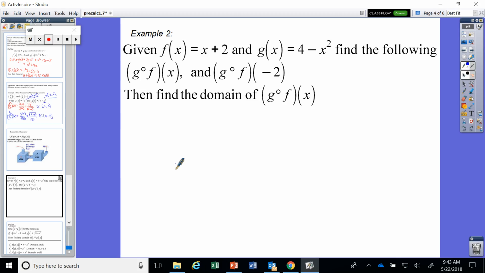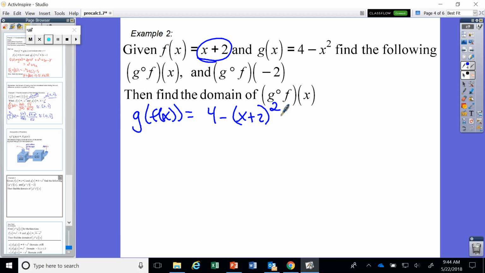So let's take a look and see what this looks like here. So we have g of f of x. So 4 minus, wherever I see an x, I'm going to take the entire f of x function and substitute it on in. And so here we end up getting 4 minus x squared plus 4x plus 4.